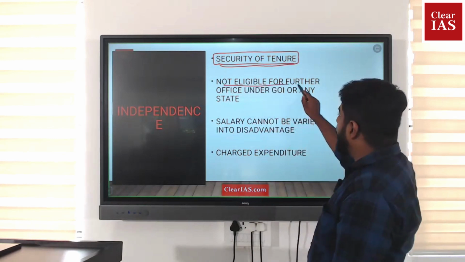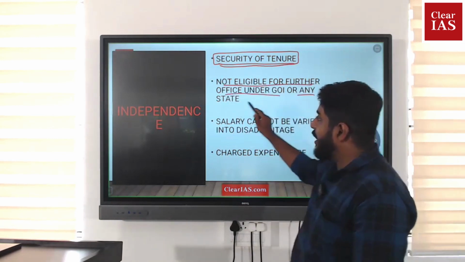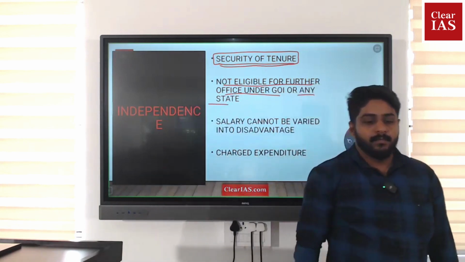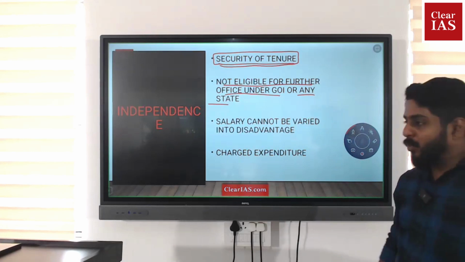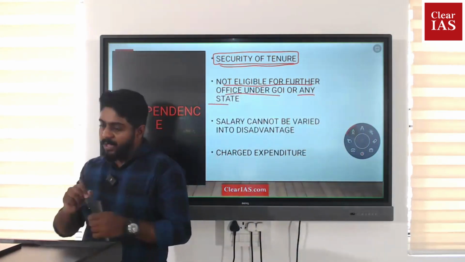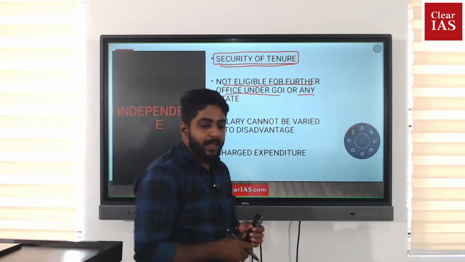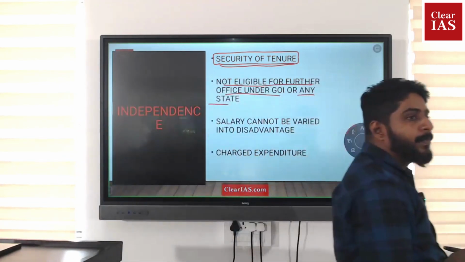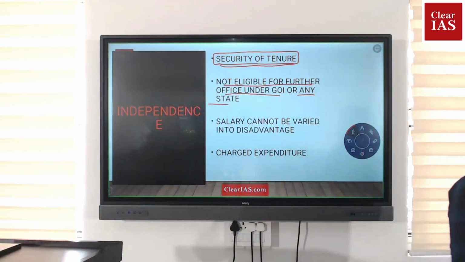Fine. He has got the security of tenure. Not eligible for further office under the government of India or any state. What do you mean by this? Suppose the Comptroller and Auditor General of India is preparing the report, fine, just understand he is busy preparing the report. Now there is a phone call from Mr. Modi.